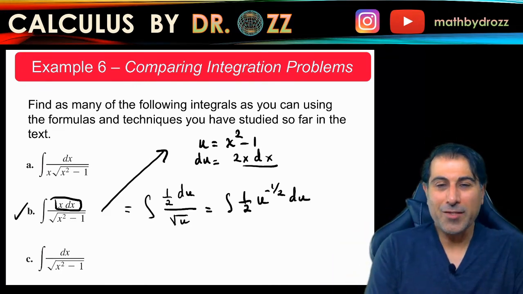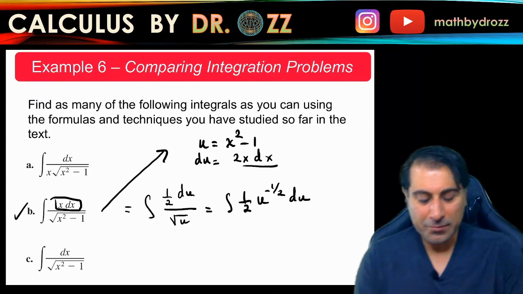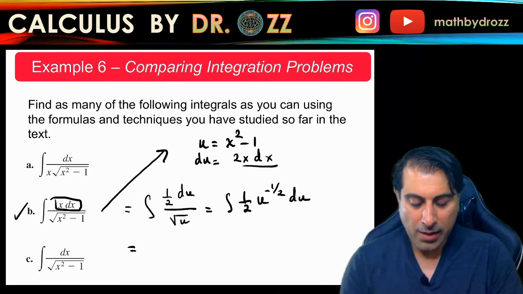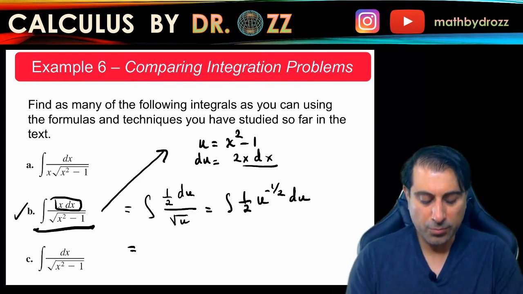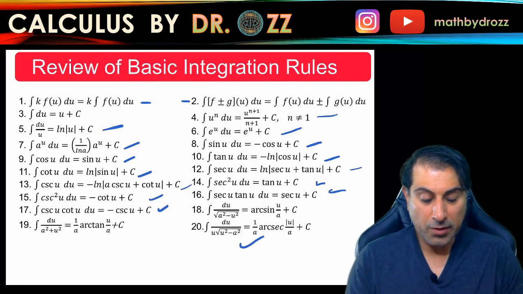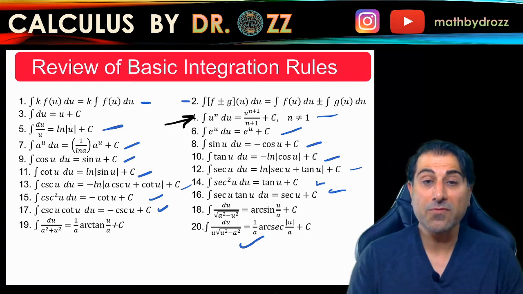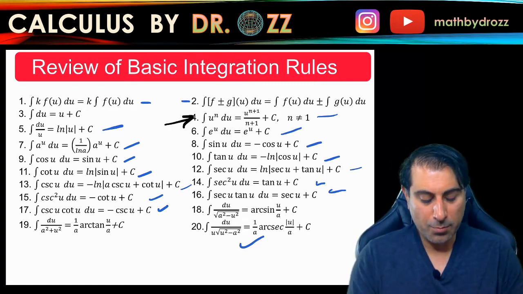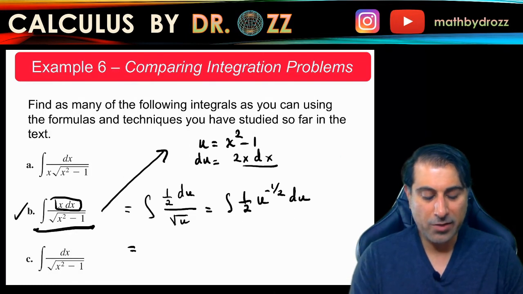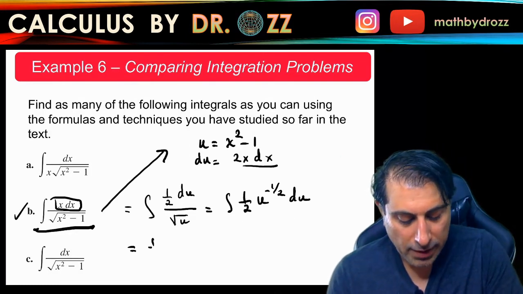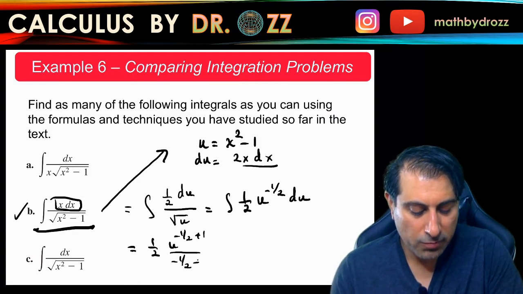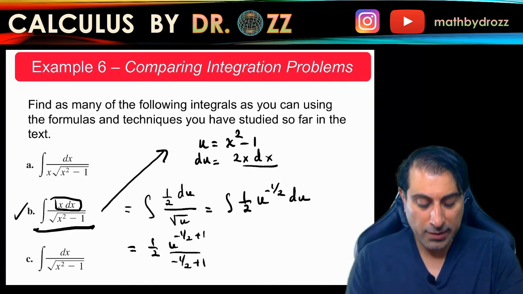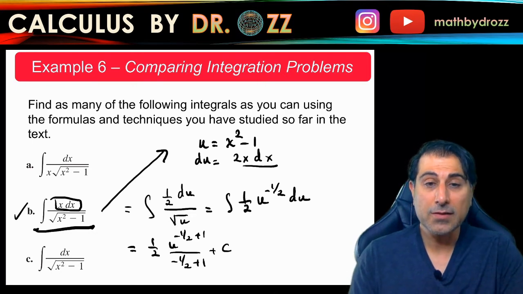At this moment I can use the power rule for integration because I'm able to put this integral into one of those forms in here. In fact, it's number 4 here because I have u raised to the power of a number. That's exactly the form I have here. So 1/2 u to the negative 1/2 plus 1, that's what the power rule says, over negative 1/2 plus 1, plus the integrating constant.